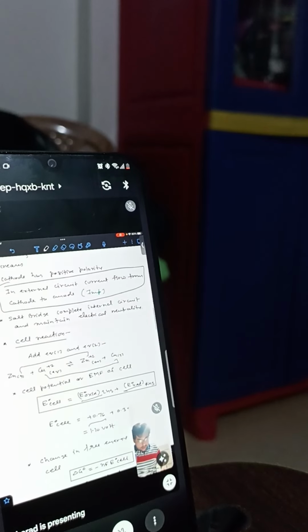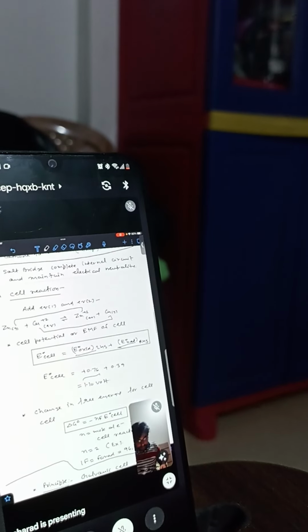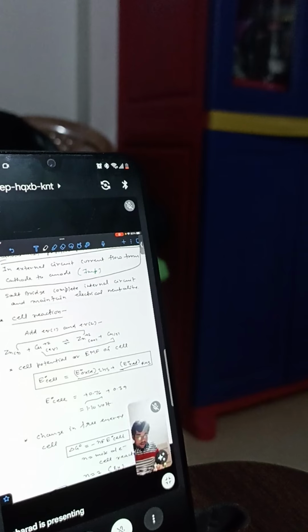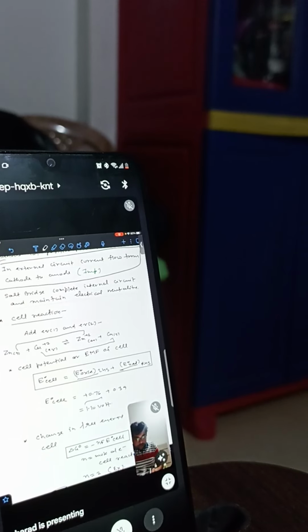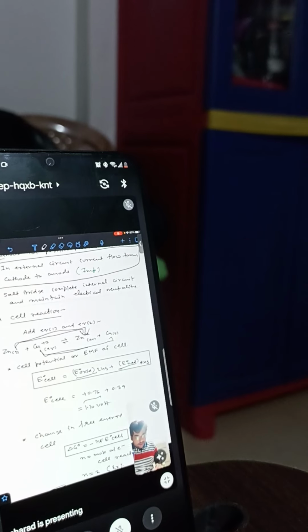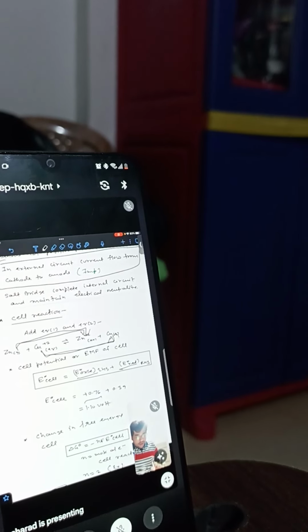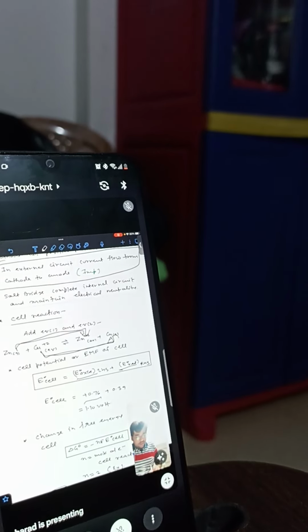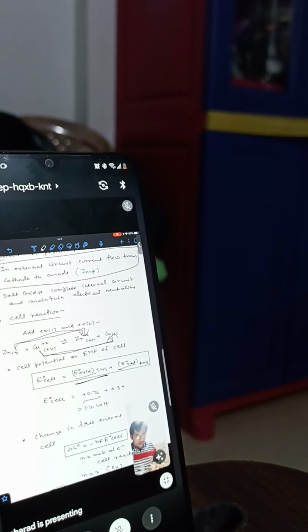Just one more thing, this is the net cell reaction that takes place. The zinc is getting converted into the zinc ion, and the copper ion is getting converted into the copper solid, and the standard cell potential is given by the oxidation of the LHS.